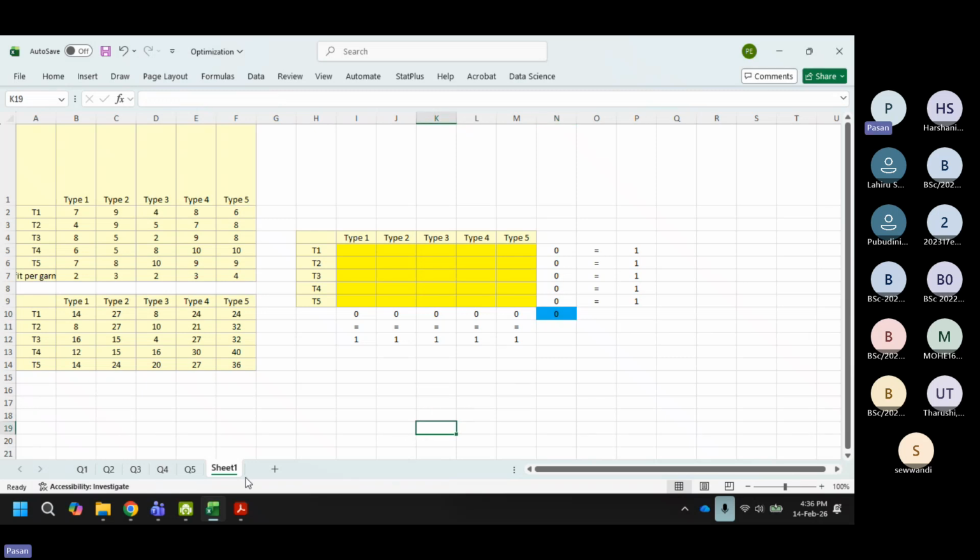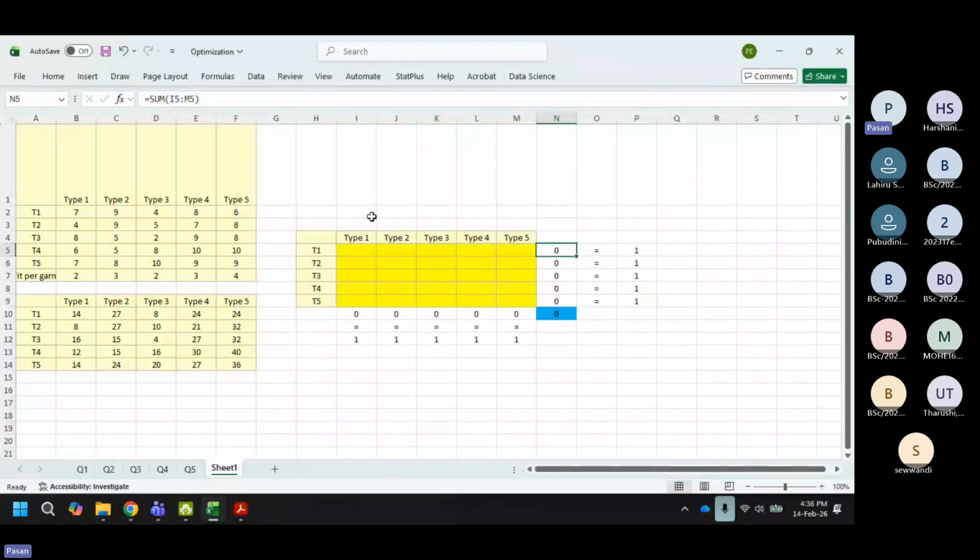Without any constraints, all of them would have to be 1. But we know that we have some restrictions. In terms of the rows, only one of them has to be 1, and in terms of columns, only one of them has to be 1. If two of them become 1, the summation becomes 2. So only one of them will be 1.